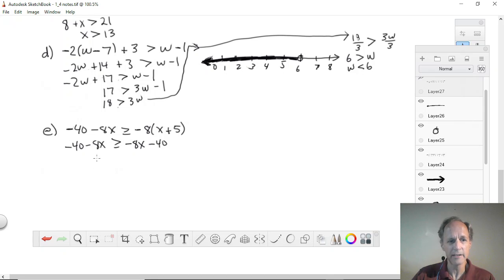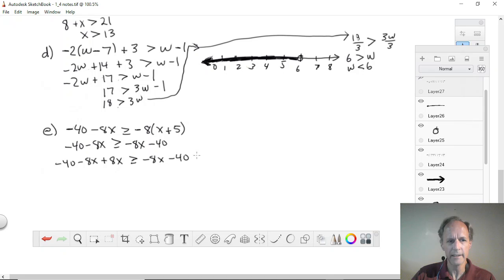Well, let's add 8x to both sides. So you got negative 40 minus 8x plus 8x. That's greater than or equal to negative 8x minus 40.